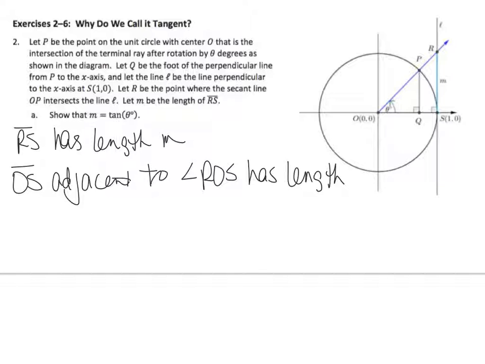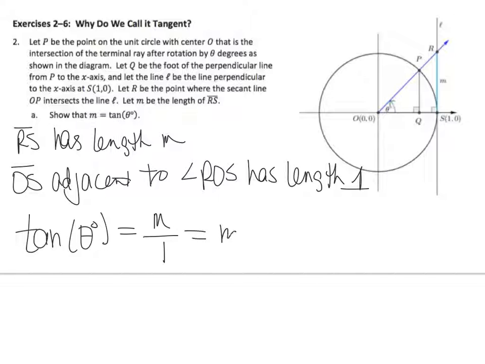I'll show you this on the diagram in a second. So we use tan theta equals opposite over adjacent equals just plain old M. So M equals tan theta.